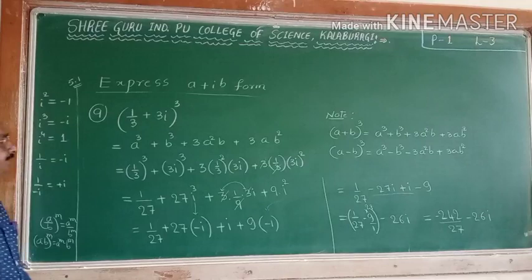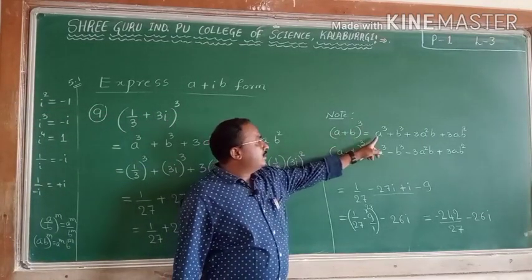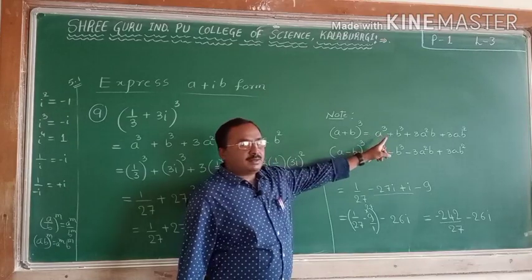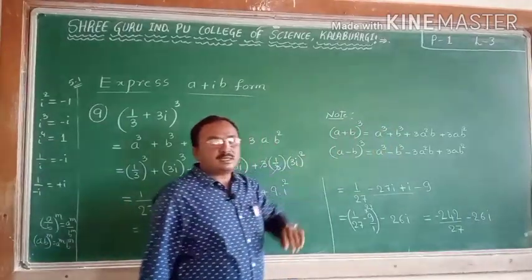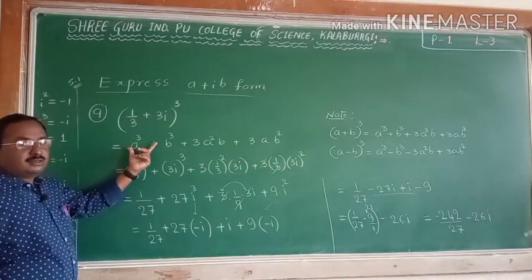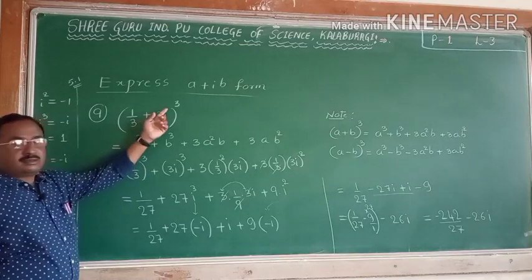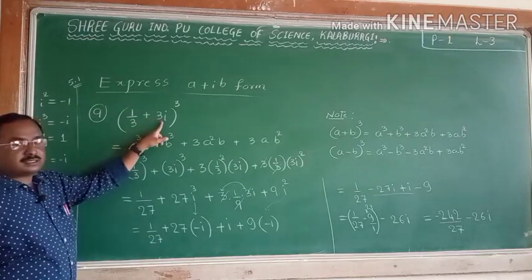Example number 9, keep in your mind (a plus b) whole cube is a cube plus b cube plus 3a square b plus 3ab square. That is the formula. Here this is treated as a, this is treated as b.